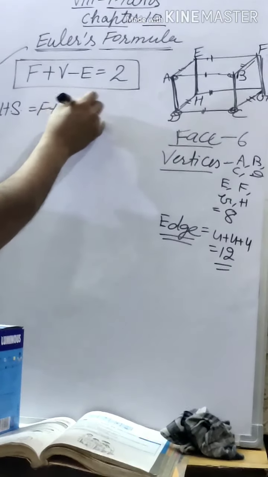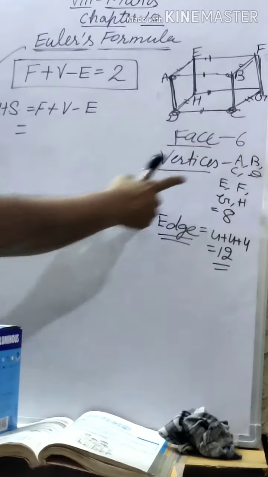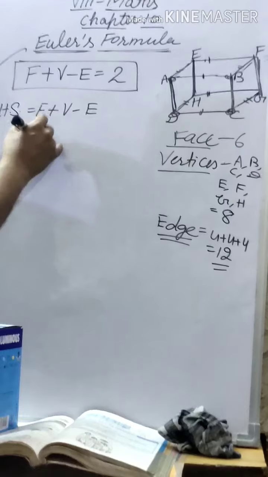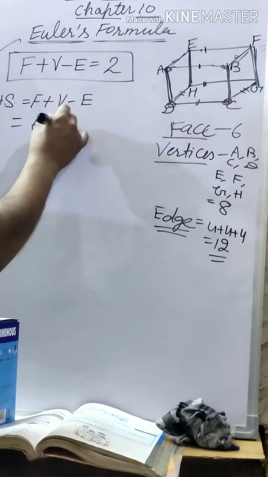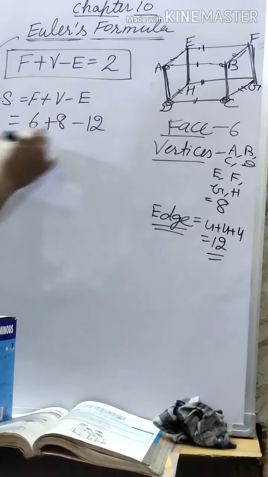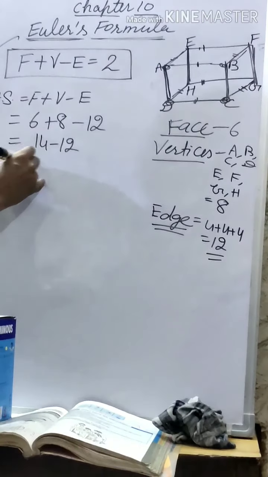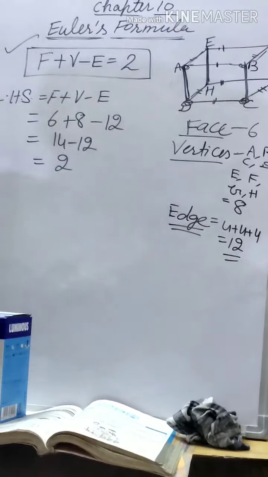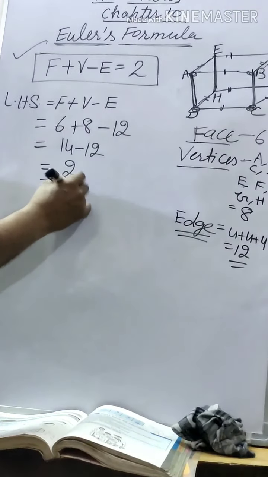Faces plus vertices minus edges. 6 faces are there, 8 vertices, and 12 edges. Now you check: 8 plus 6 is 14, minus 12 is 2, and this is the right hand side.